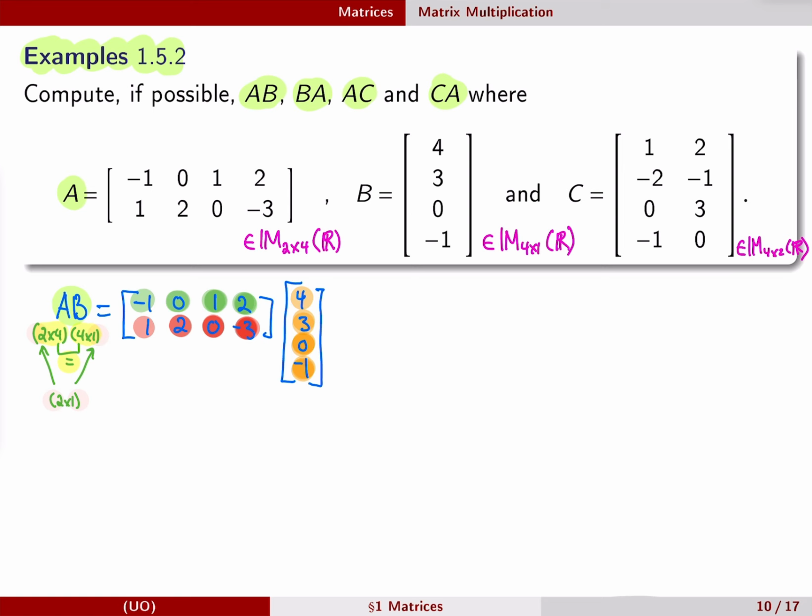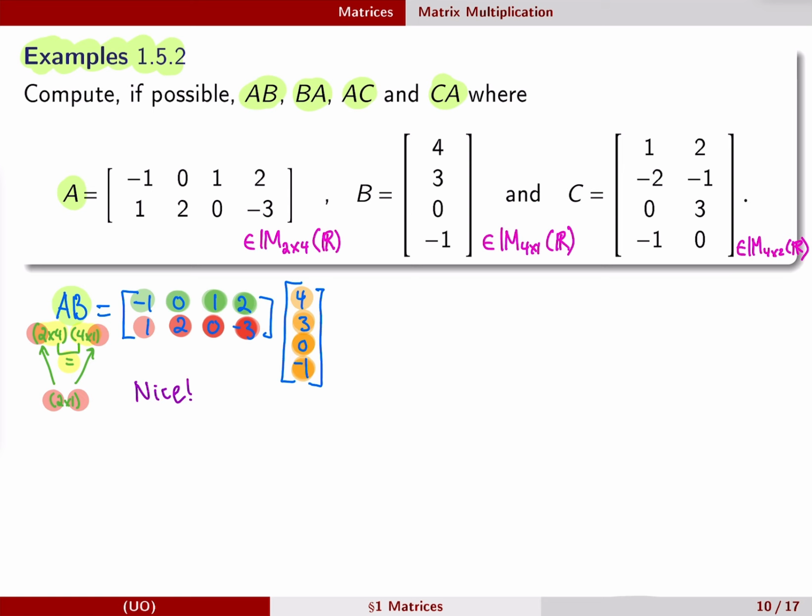And not only that, if you look at the outer numbers, the 2 in the 2 by 4 is the row number of the product, and the column number of B is going to be the column number of your product. So your 2 by 4 times a 4 by 1 will be a 2 by 1. So I already know the dimension of my product.